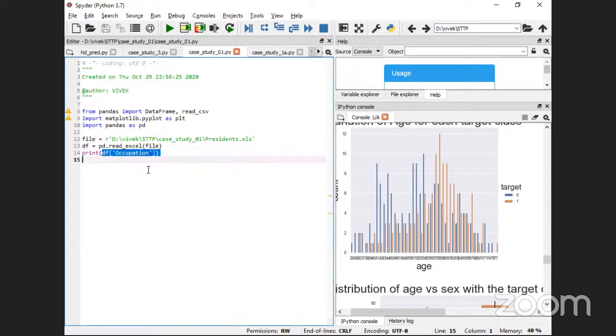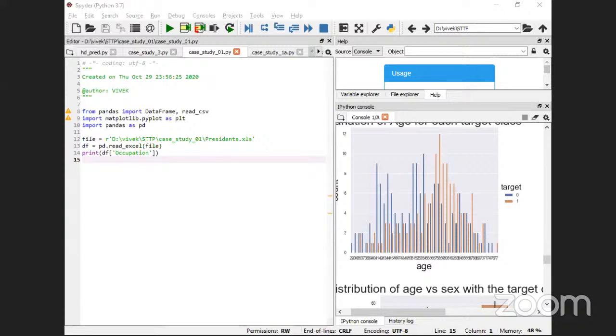As I said, a data frame is a two-dimensional representation which can include heterogeneous information. It is not necessary that all the parameters should be of the same type. You can maintain different data type parameters in every column. Now we are interested only in occupation. If you look at the Excel sheet which I showed, there is a column called occupation. So I'm going to extract only that occupation.